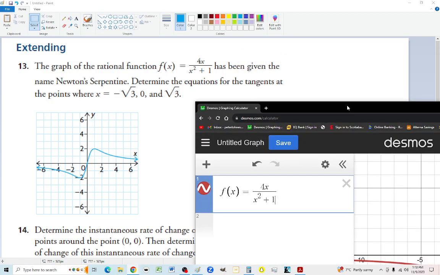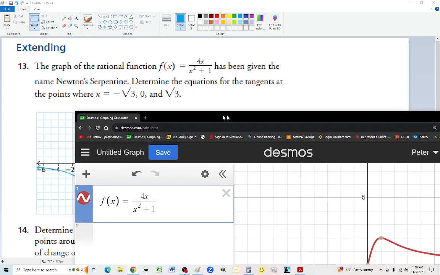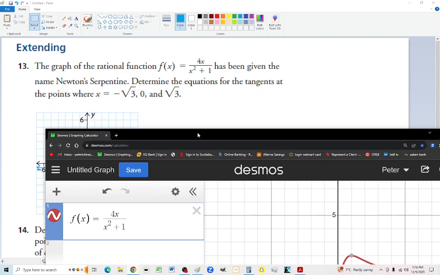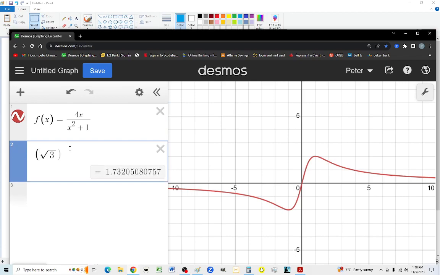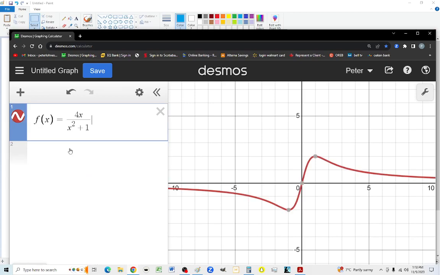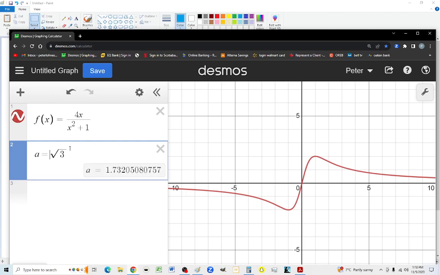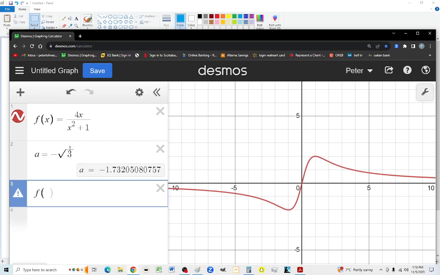Determine the equations for the tangents at the points where x is equal to minus square root of 3, 0, and square root of 3. Let's use a is equal to square root of 3. Let's make it negative. And let's find the instantaneous rate of change at a. Let's make our h very small.